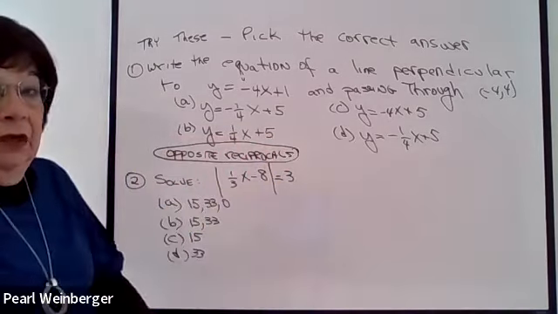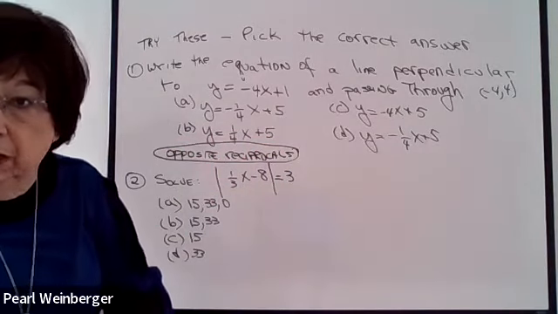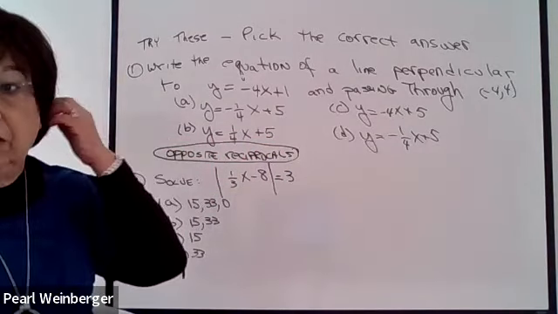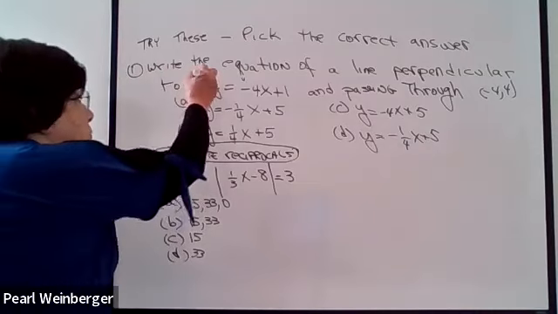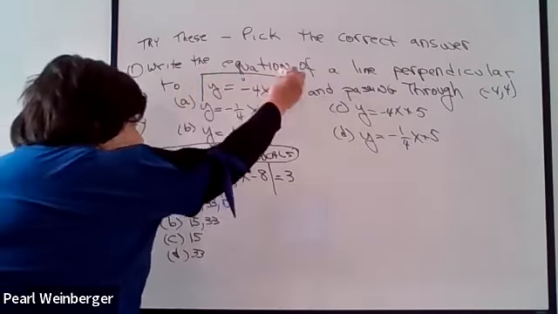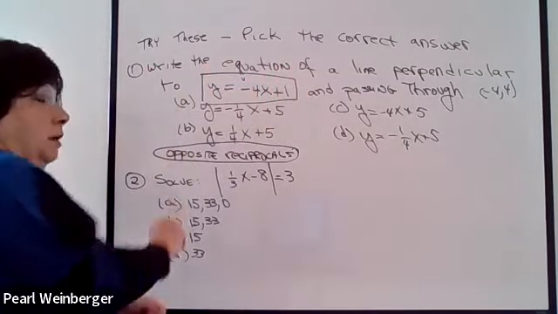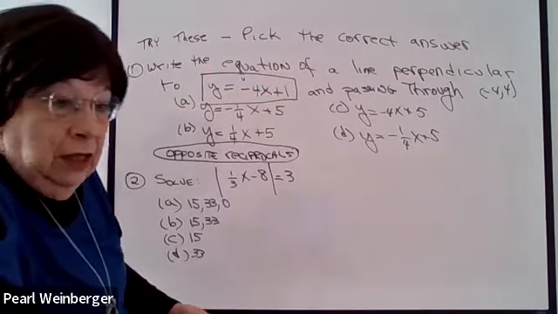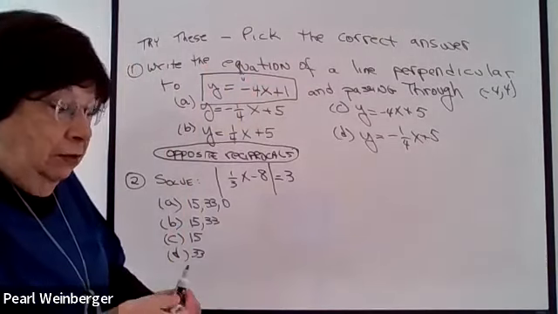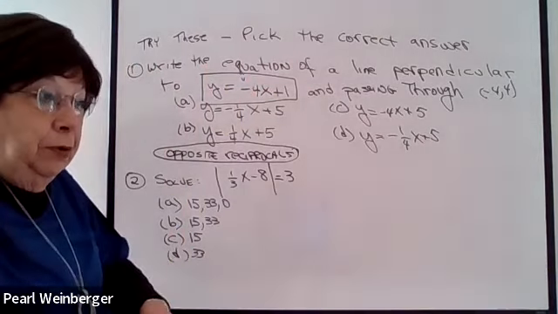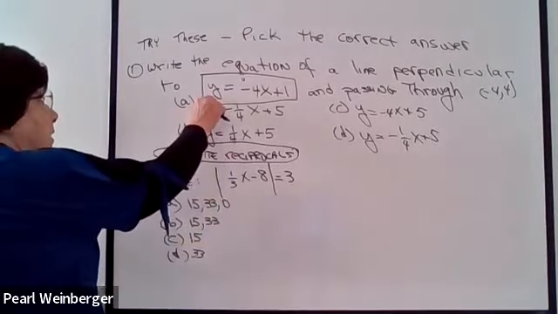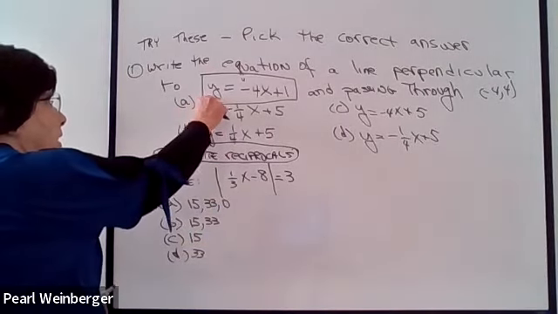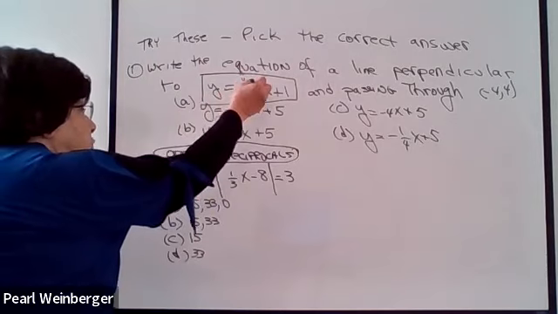And we said that whenever we want to write the equation of a line, the first thing we're going to look for is its slope. Since this was the original line that they gave me the equation of, this line is in the y equals mx plus b form.